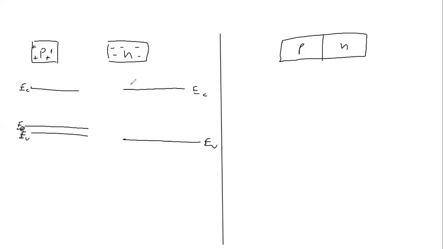And then we know that the Fermi level for the n-type material will just be below the conduction band. So here we have E, F, N. And now we will have to define the work function.